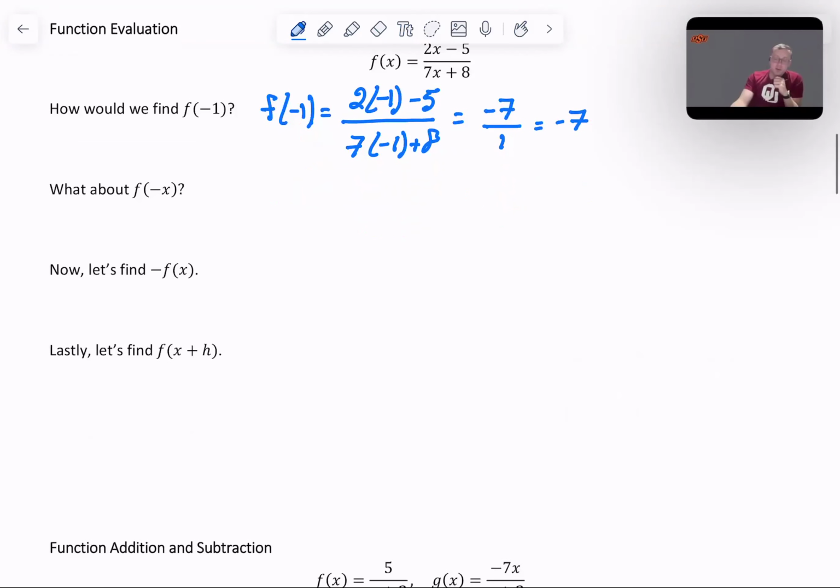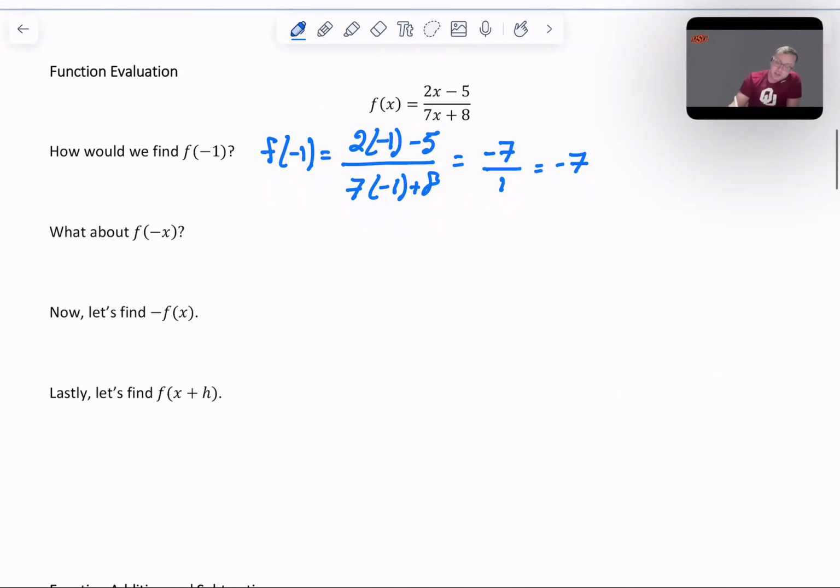Now the next part says find f of minus x. So this is kind of like how when we tested if a function was odd or even, we plugged in minus x and saw what we got. So let's just plug in minus x here. So f of minus x is equal to 2 times minus x minus 5 divided by 7 times minus x plus 8.